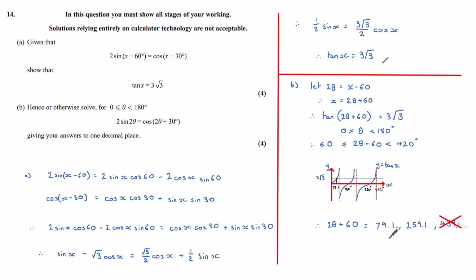And so the two values I need to solve for to find theta are 79.1 and so on, and 259.1. So subtracting 60 from these values and dividing by 2 gives me the two values of theta in our range of 0 to 180 of 9.6 and 99.6. And that's to one decimal place as requested in the question.